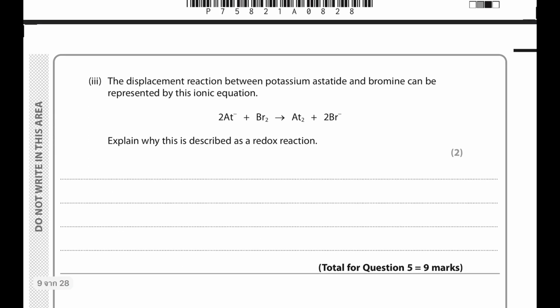Next, the displacement reaction between potassium iodide and bromine can be represented by this ionic equation. Explain why this is described as a redox reaction.